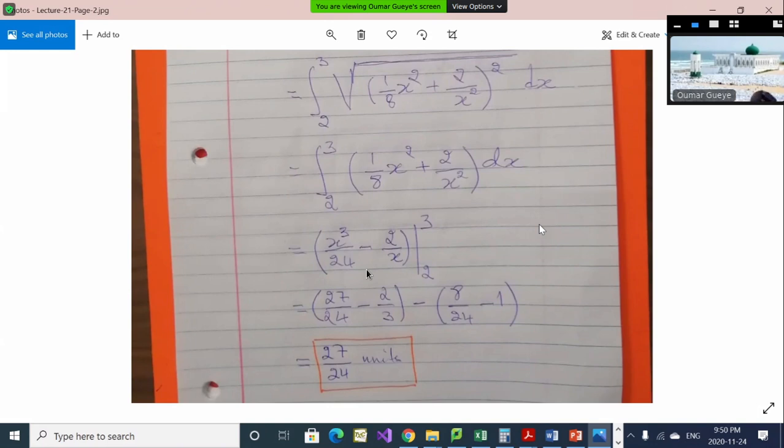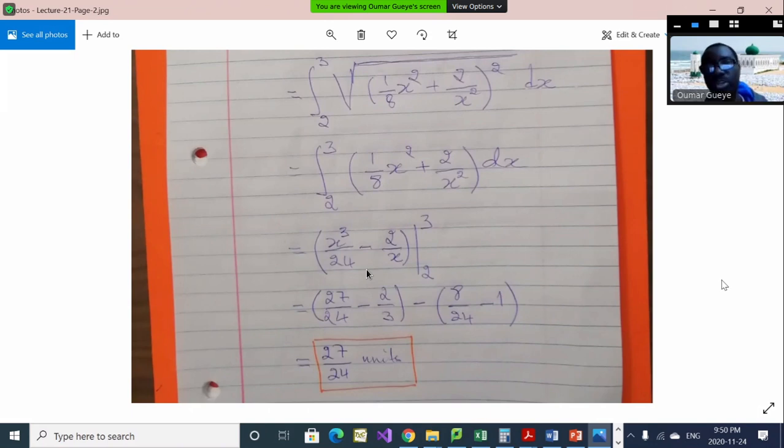Any question? All right. So if there is no question, I'm going to move to the next section to calculate the arc length when we have a parametric curve.